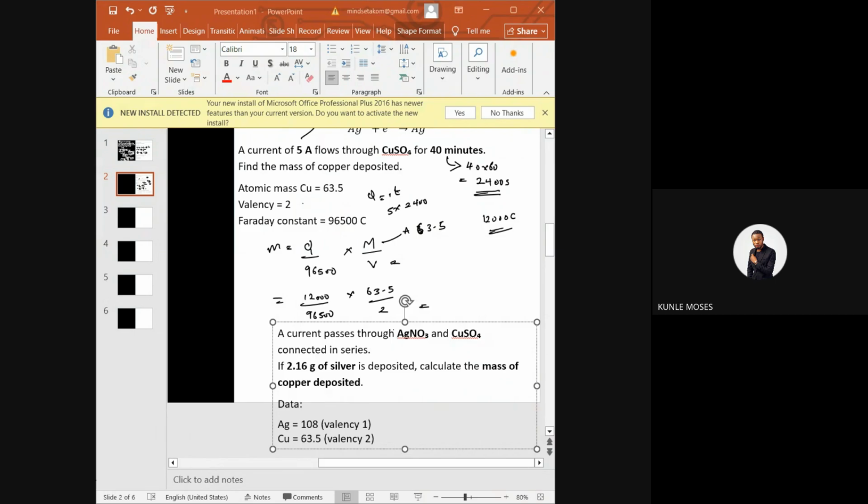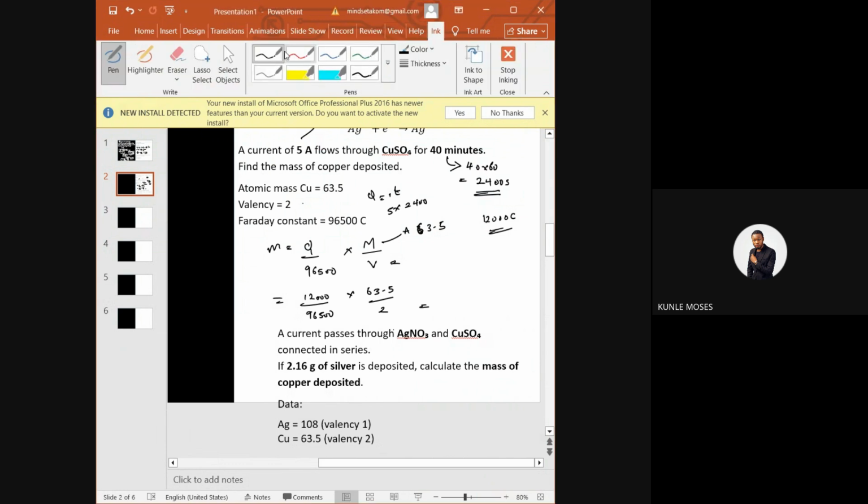We've spent 30 minutes already. 6.36 grams for copper. We got 6.36 grams.